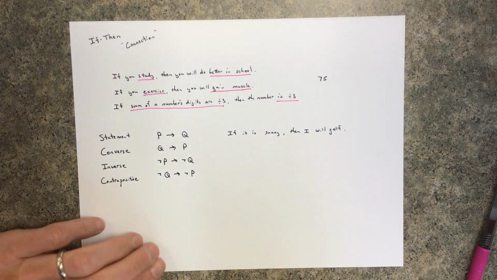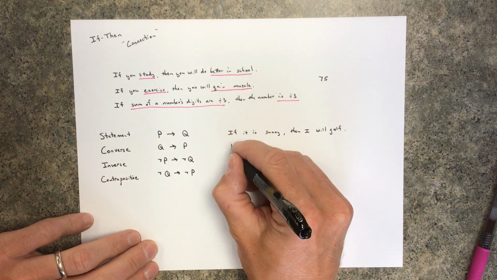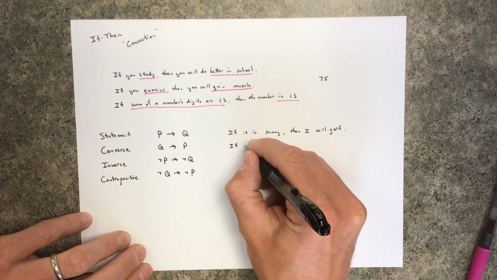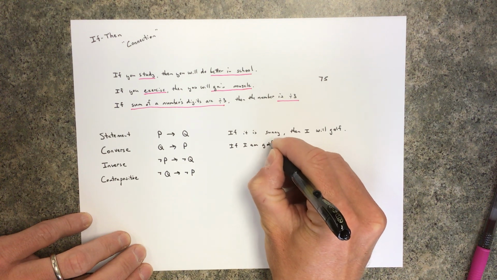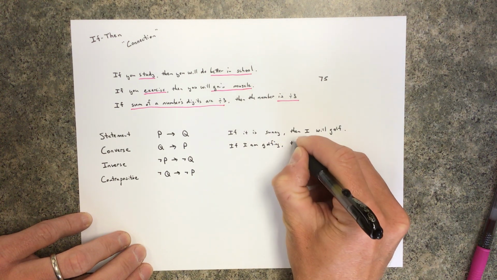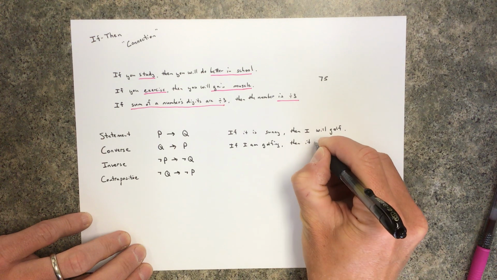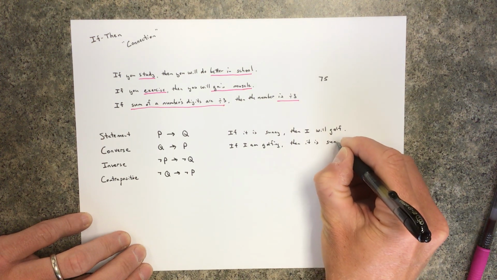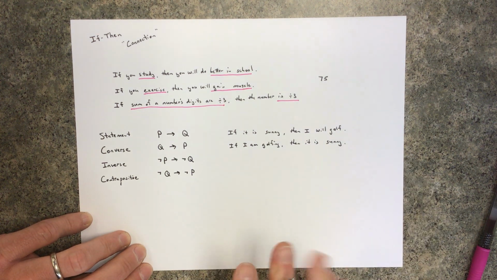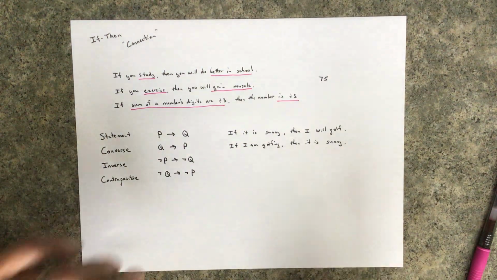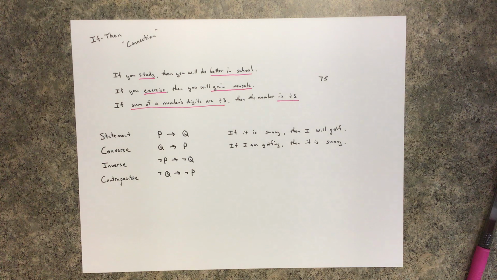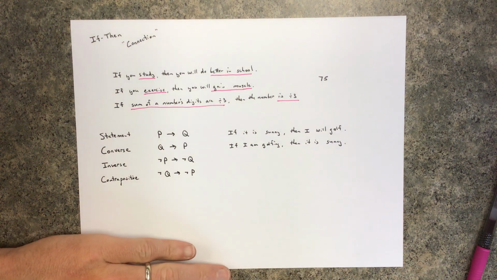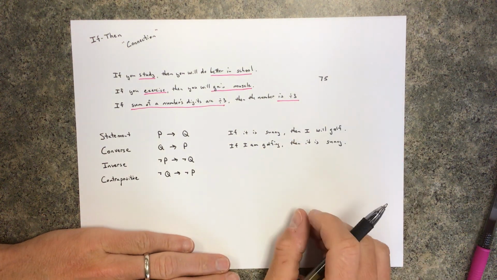The converse is, if I am golfing, then it is sunny. Okay, so I switched. Here it was sun leads to golf, and then it was golf leads to it being sunny. And there's not necessarily a causation there, but it's just saying there's a connection there.